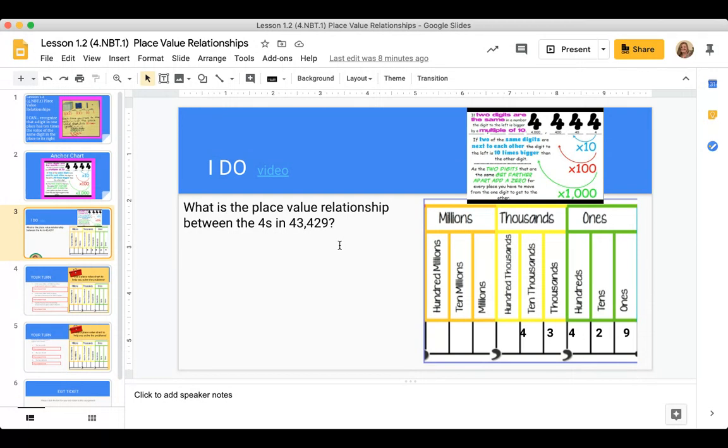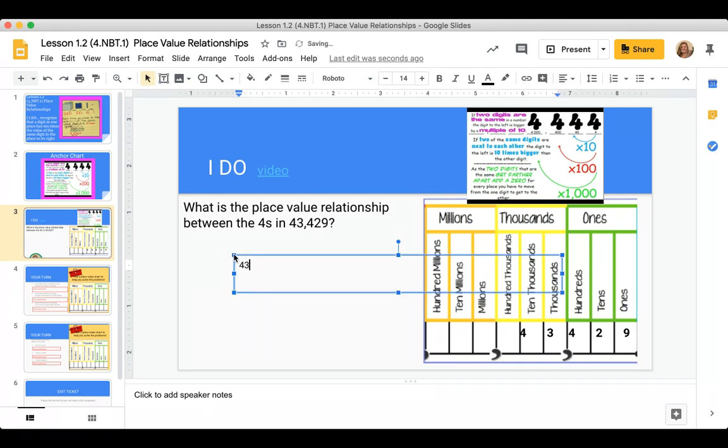So again, the way I say that number is 43,429. I already plugged the numbers in here so you could see them. Do we see the numbers? 43,429?